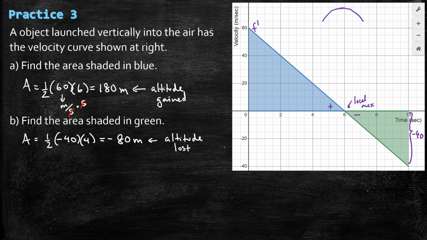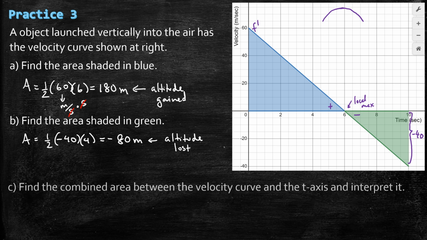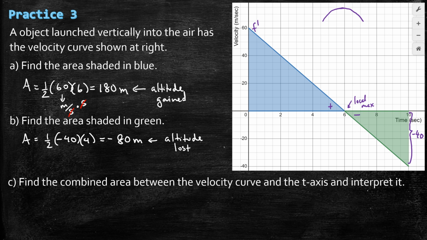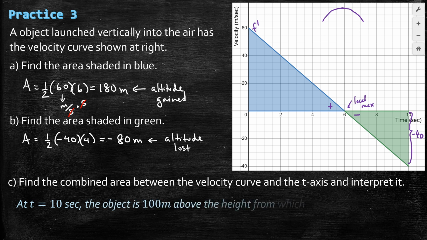And that matters because if we then want to think about what's the combined area between the velocity curve and the t-axis, well, the object went up 180 meters and then down 80 meters. So if we want to think about it in the long run, at t equals 10 seconds, the object is 100 meters above the height from which it was launched at t equals 0 seconds.